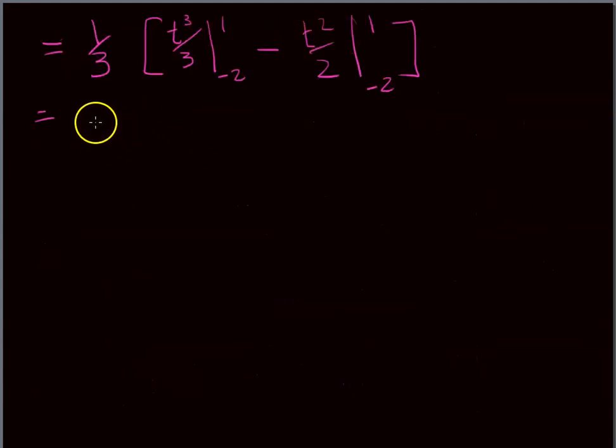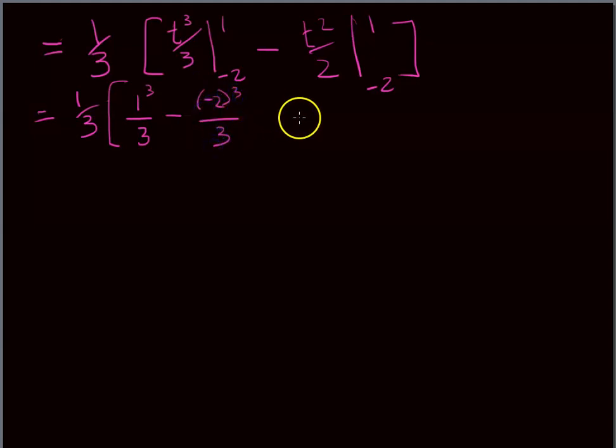Okay, let's try that again. So this is 1/3 times. Now, if you'll remember, you plug in the 1 minus plug in the negative 2. So plug in the 1 cubed over 3, minus plug in the negative 2 cubed over 3, minus, better be careful here, plug in the 1 squared over 2, minus plug in the negative 2 squared over 2.